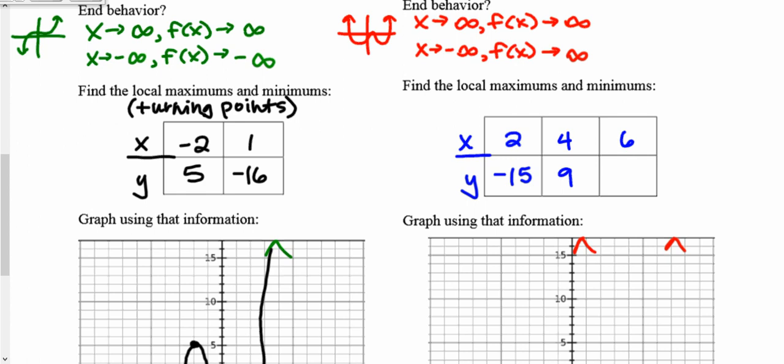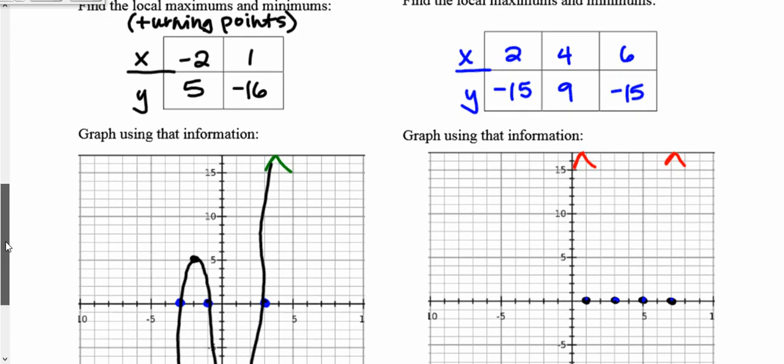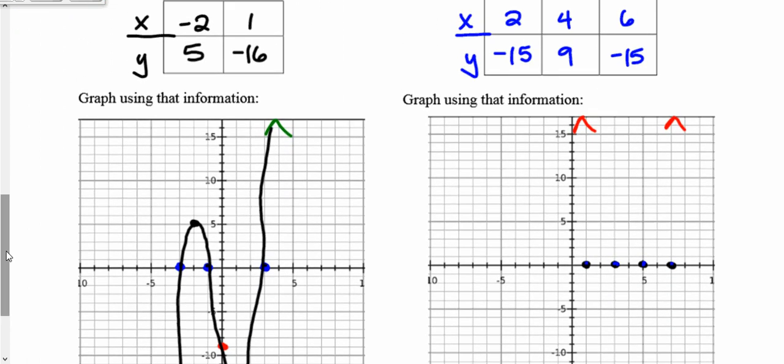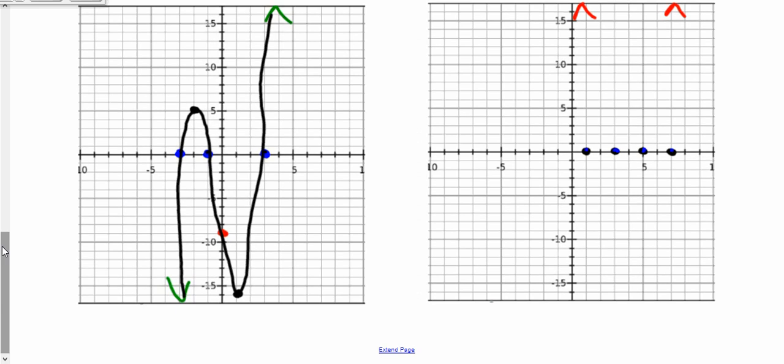So once you get it down on the first number, it's much easier for the next 2. And I'm getting negative 15 again. So now I have 3 points to plot. So I have 2, negative 15. I have 4, 9. And I have 6, negative 15.